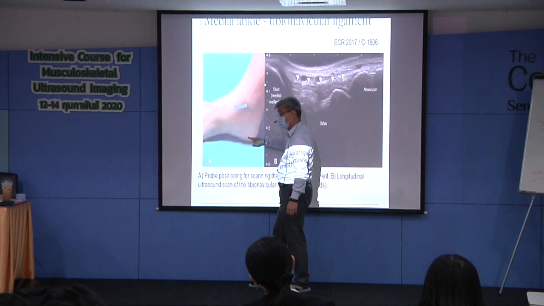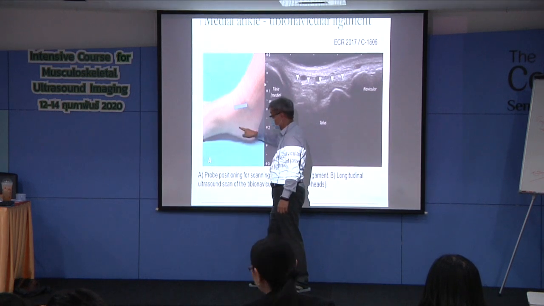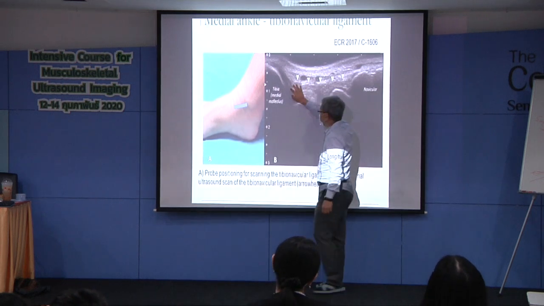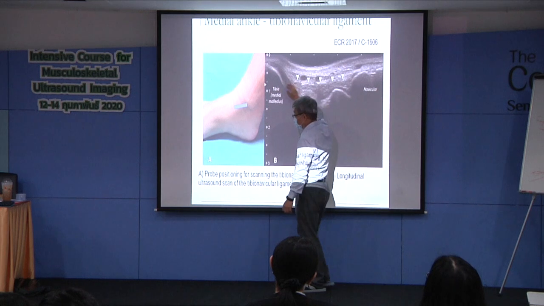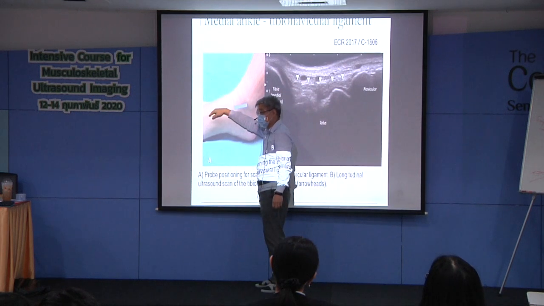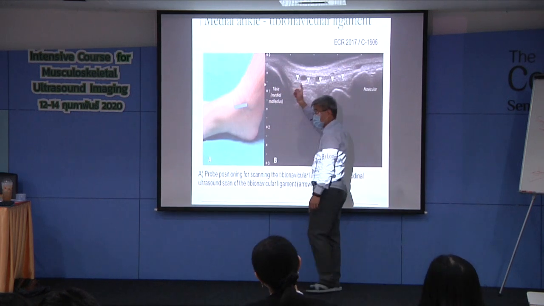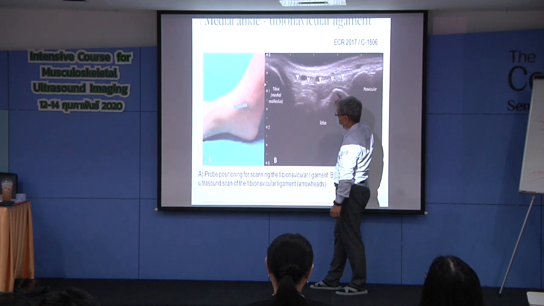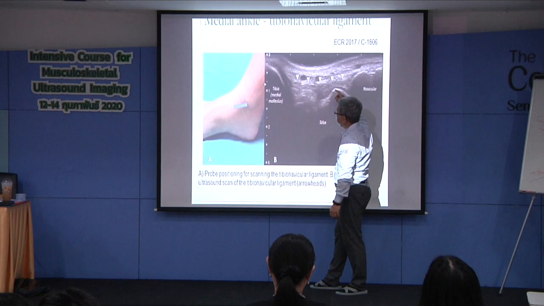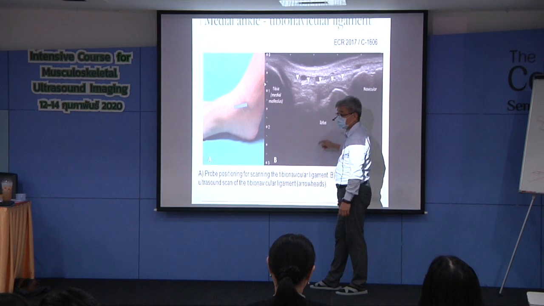It's called the windlass, right? The ligament is responsible for the windlass mechanism on the dorsal side. Ankle sprain sometimes leads to a tibial navicular ligament sprain.